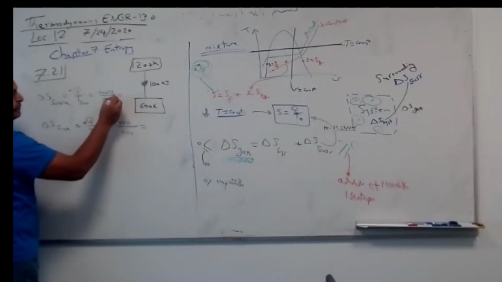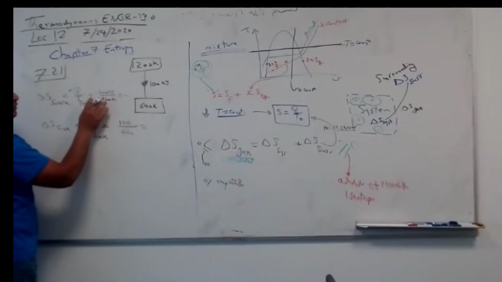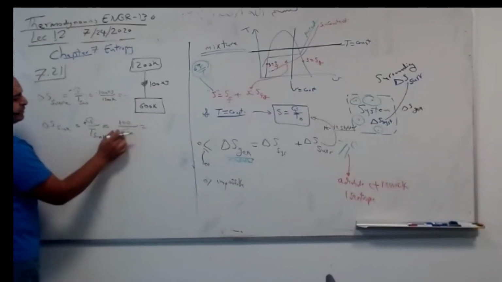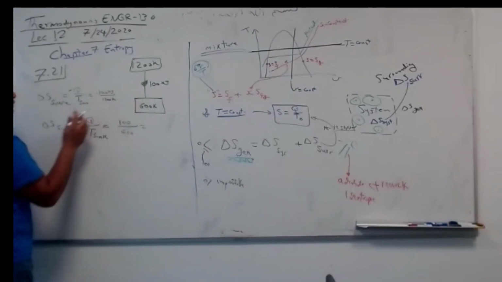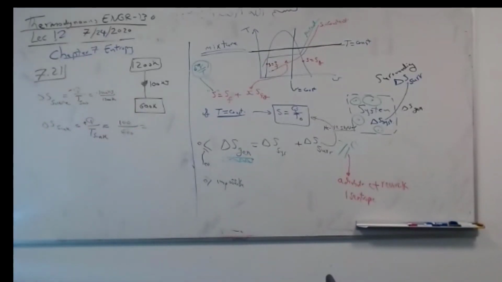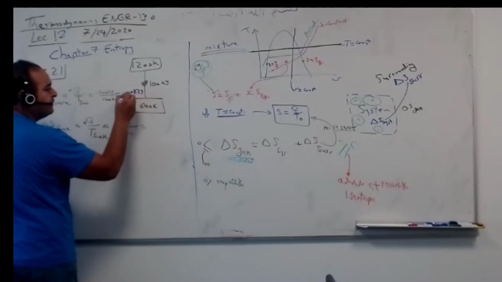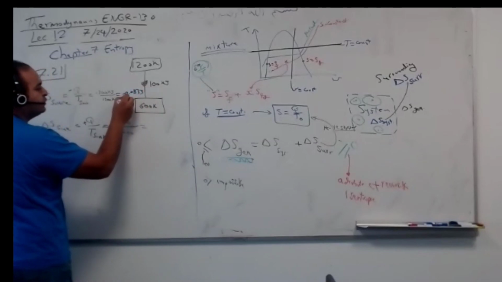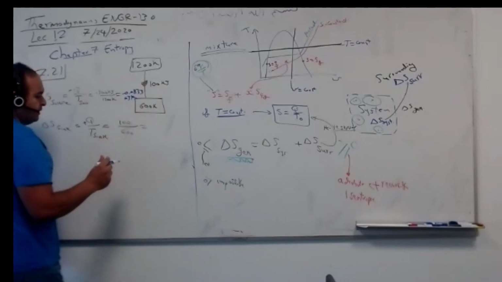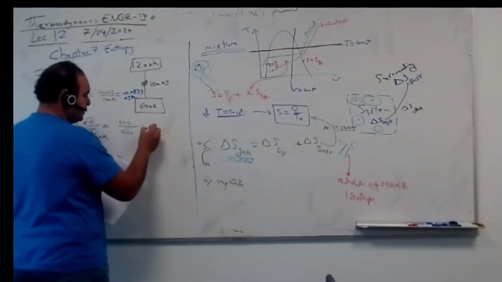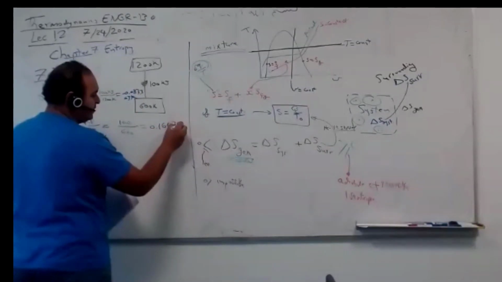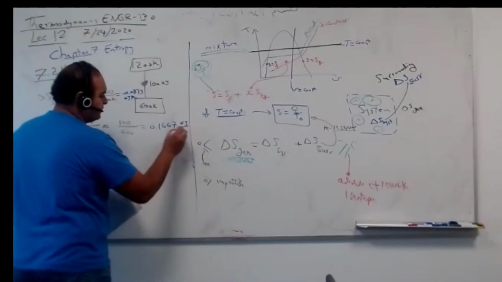So you get a number here and a number here. The number here would be a small negative number because we divide by 1200. Here is a bigger number, divided by 600. Here it was, let me write it, negative 0.0833 kilojoule per Kelvin. Here it's 0.1667 kilojoule per Kelvin.